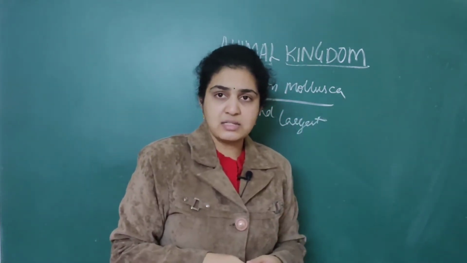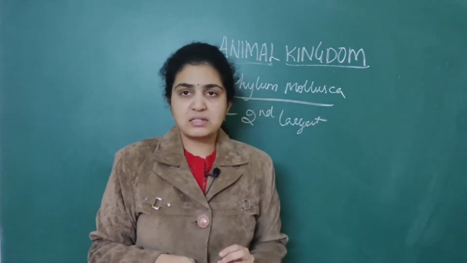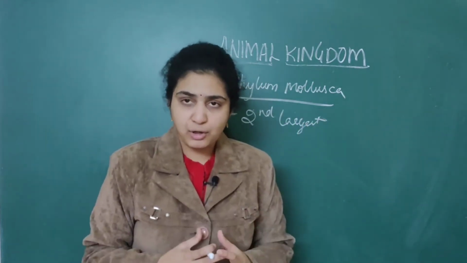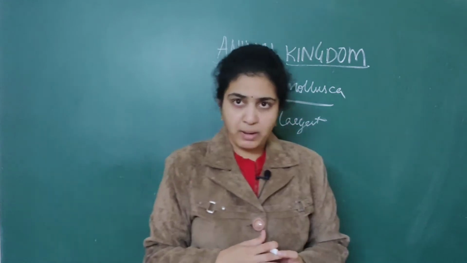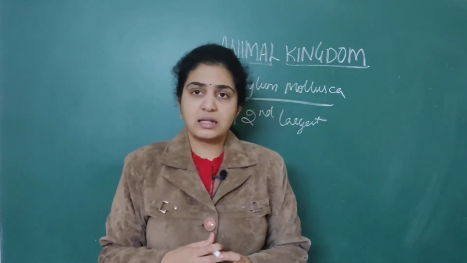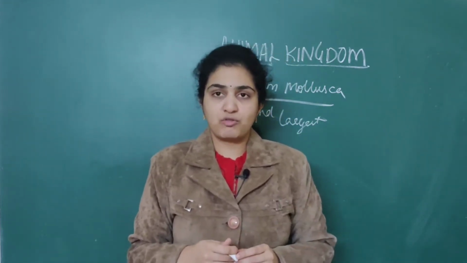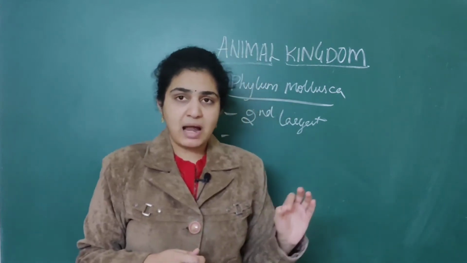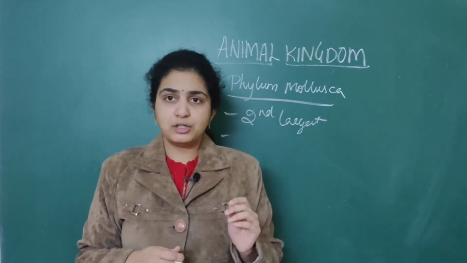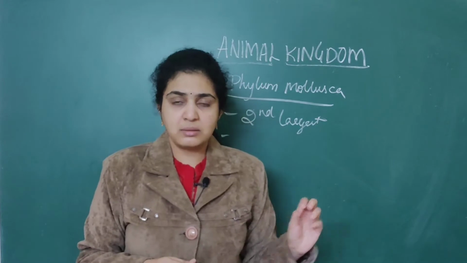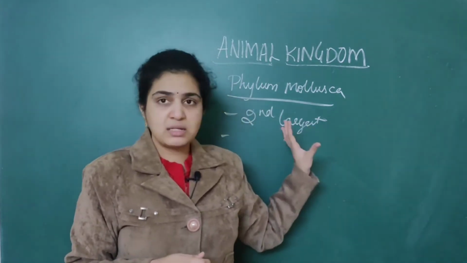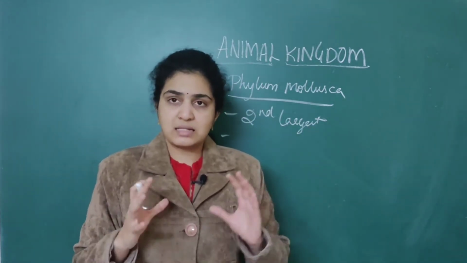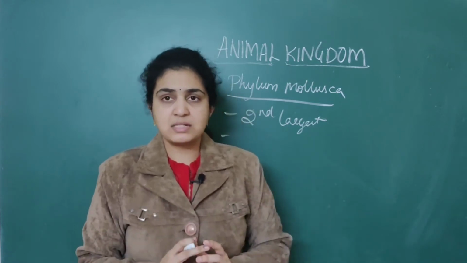Then already we have discussed that they are triploblastic animals, bilaterally symmetrical, coelomates, and with organ system level of organization. From Platyhelminthes, all will continue with the same. That is, first, triploblastic, that is ectoderm, endoderm, mesoderm are present.